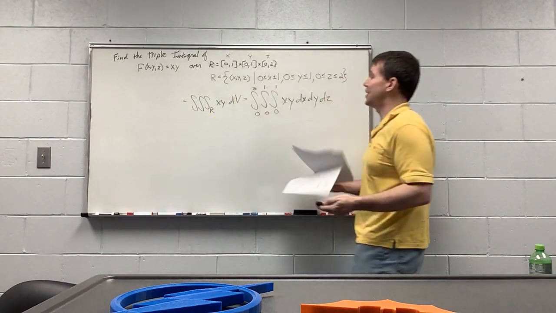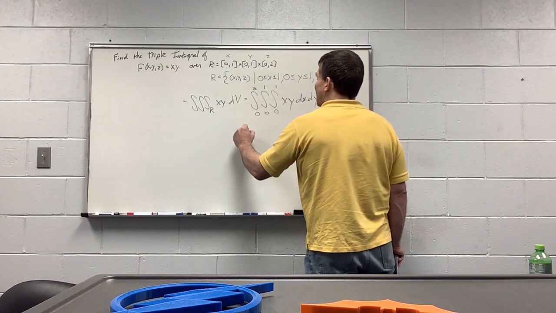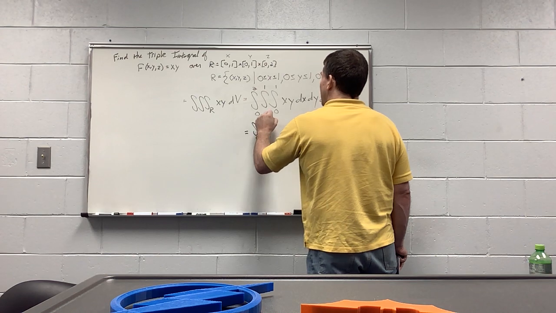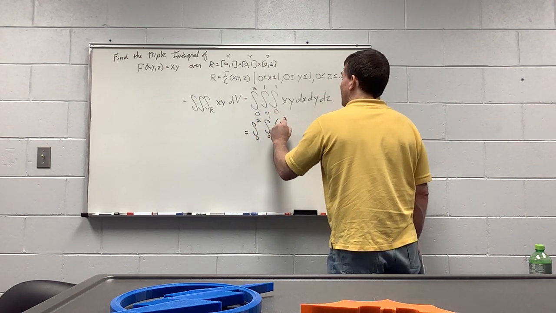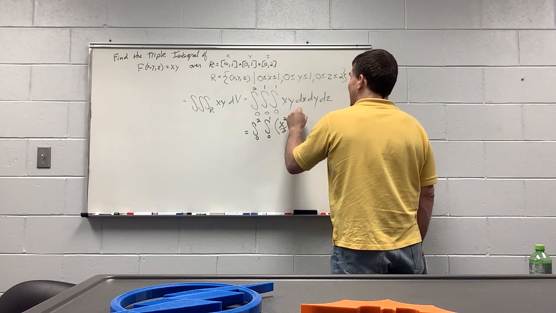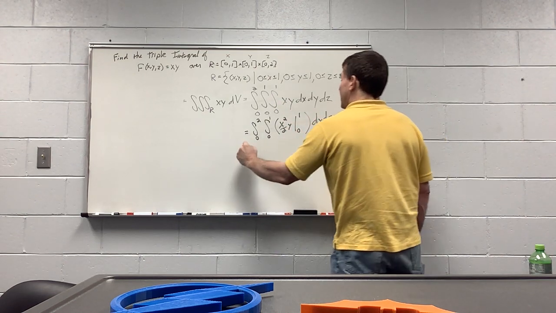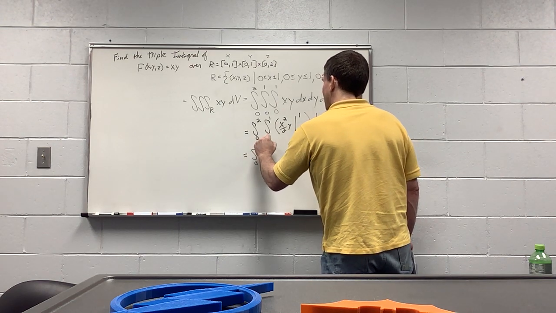Now, just solve the integral. And I'll do this one really quickly because you all know how to integrate. That becomes the triple integral, 0 to 2, 0 to 1. Integrate this with respect to x, you get x squared over 2 times y, evaluated from 1 to 0, dy dz, which is the integral from 0 to 2 of the integral from 0 to 1.